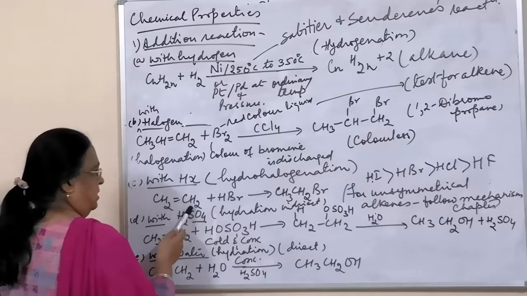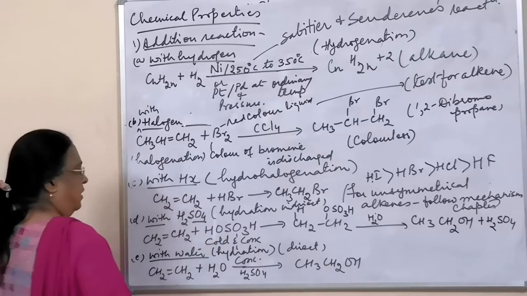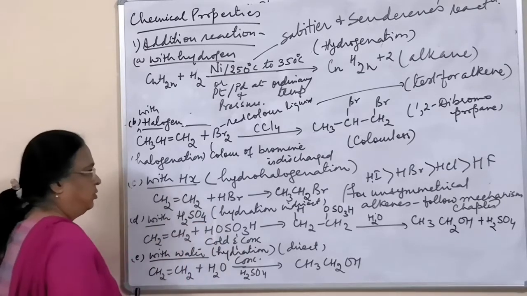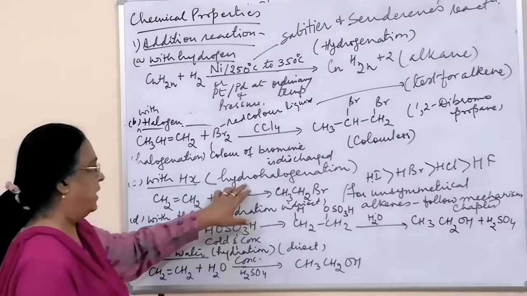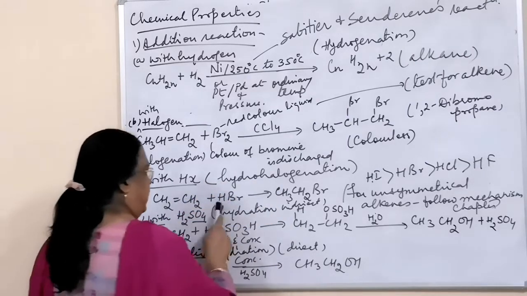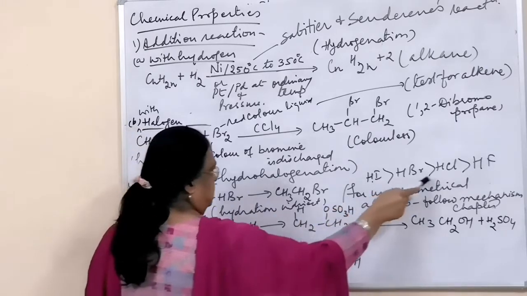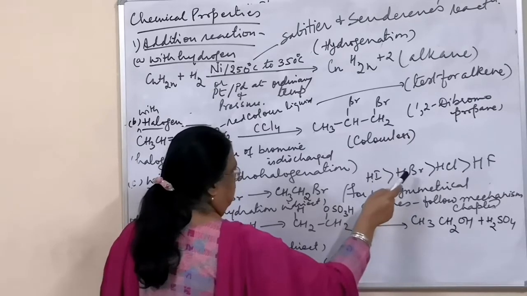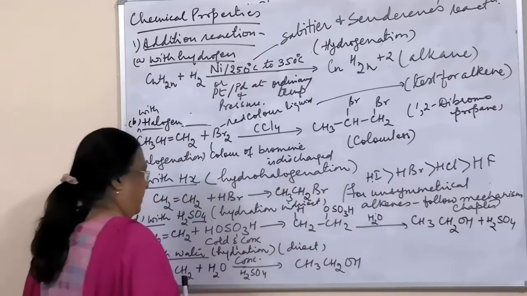When H is attached here, Br is attached there. Since hydrogen and halogen are both attached, the reaction is called hydrohalogenation. And the order of reactivity of the hydrohalic acids is this, that you have to remember. This will react faster than that, so you must remember this order.